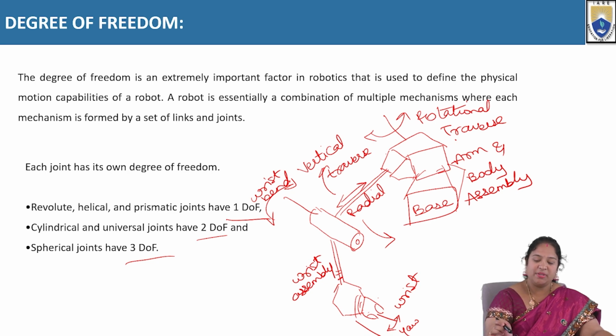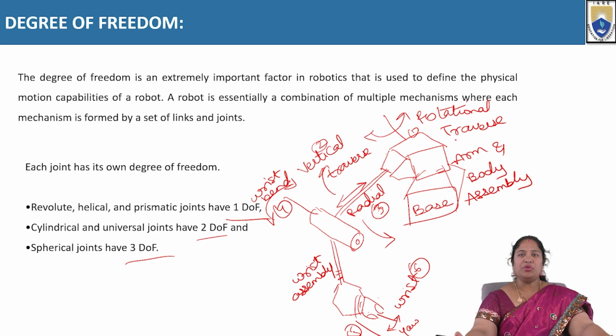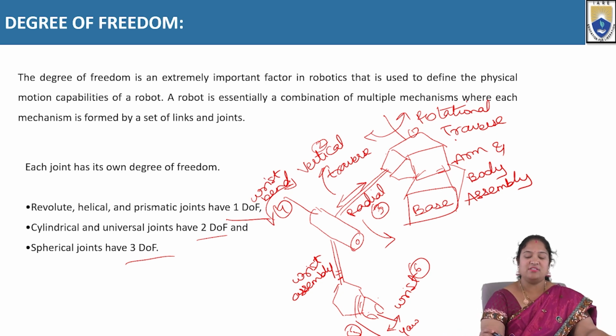So initially this is 1, 2, 3, right? This is the 4, 5 and 6. So totally we are having 6 motions taking place. What is the first motion?